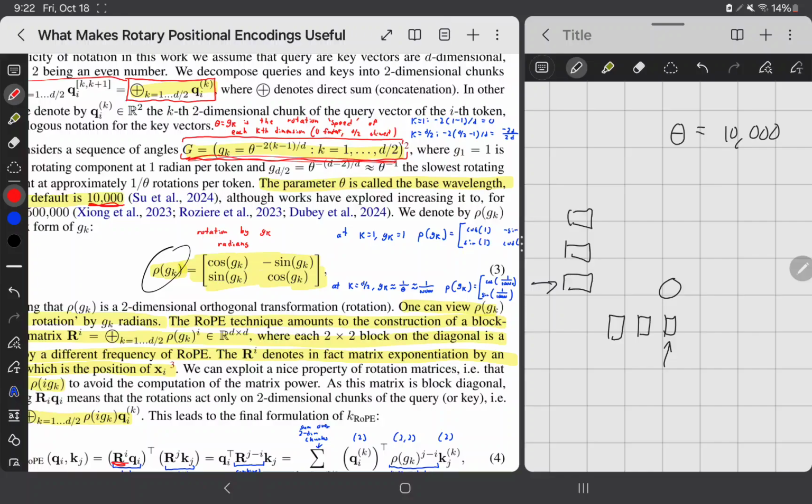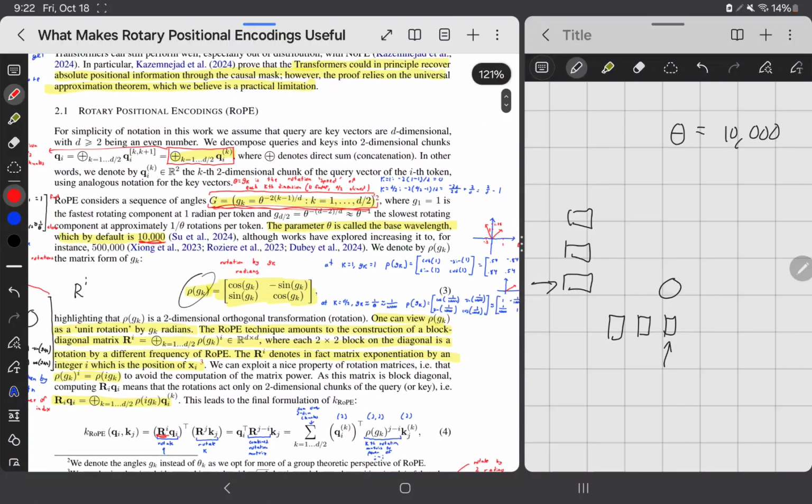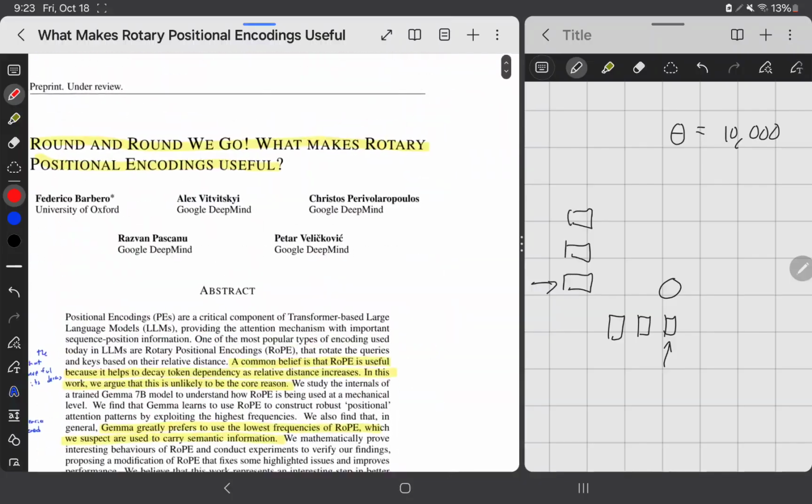What does it end up with? I think that would be interesting. Does it learn low frequencies? Does it learn high frequencies? Because this basically just defines all the frequencies from radians equal to 1 to not 0, but 1 over 10,000.